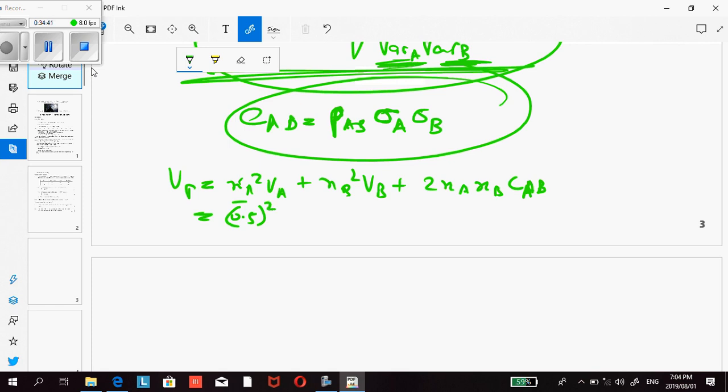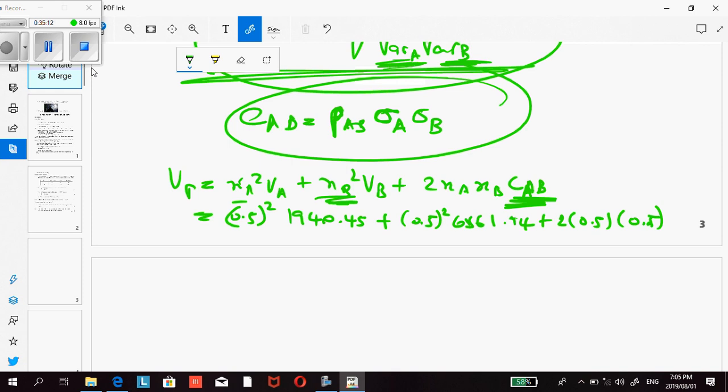Squared, the variance of A, you calculated it in part 2 of the question, it is 1940, plus 0.5 squared, the proportion in B, multiplied by the variance of B, which was 6561.94, plus 2 times 0.5 multiplied by 0.5.